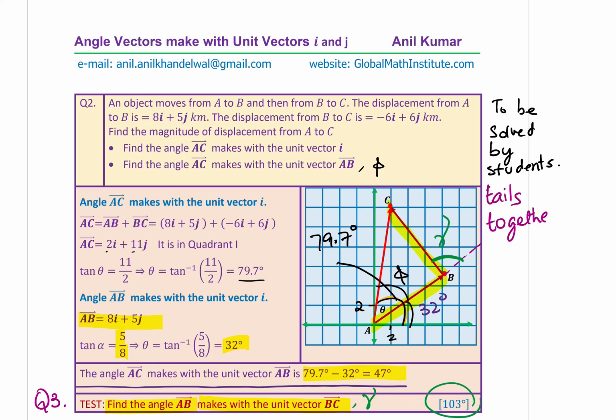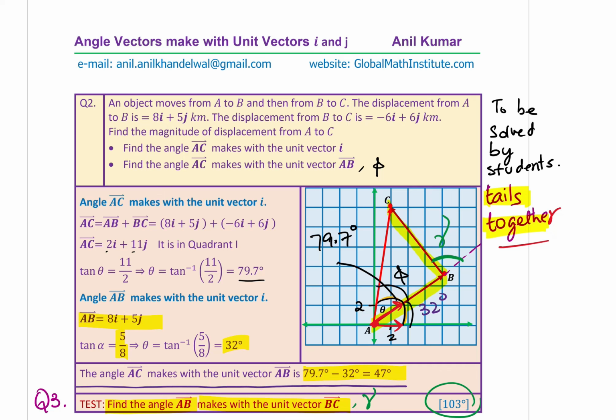However, I've given you the answer to check. Perfect. Remember, when you want to find the angle between two different vectors, put tails together. In previous examples also, when we were trying to find the angle between the unit vector and the vector, tails were together. Do you see that? So tails together and then you find the angle. That is how you should be doing it. I hope that really helps.